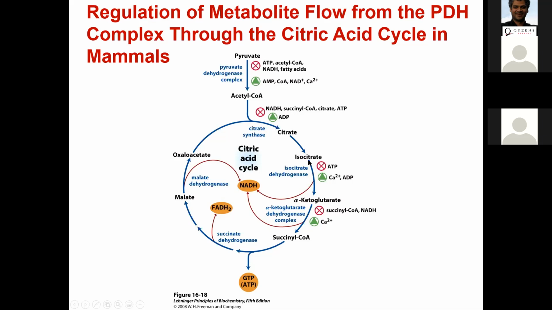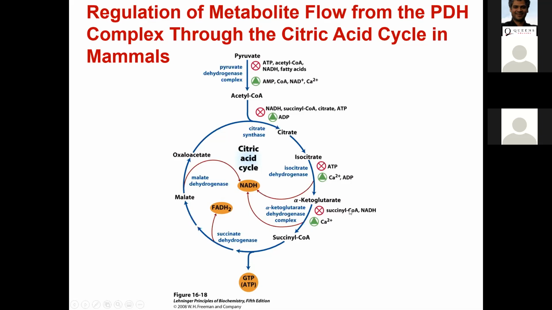Anyway, the third reaction is isocitrate going to alpha ketoglutarate, right? For isocitrate dehydrogenase, ATP is the inhibitory ligand, and calcium ion and NADP are activating ligands. From alpha ketoglutarate to succinyl CoA, that will be catalyzed by alpha ketoglutarate dehydrogenase complex.